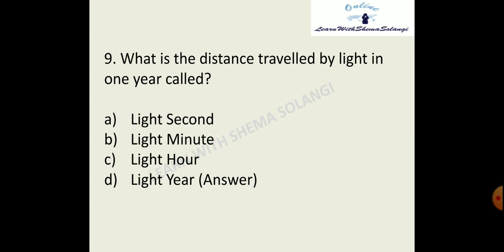A light year is the unit of distance used to measure astronomical objects that are so far away that their light takes years to reach Earth. One light year is approximately 5.88 trillion miles, or 9.46 trillion kilometers. So the correct option is light year.